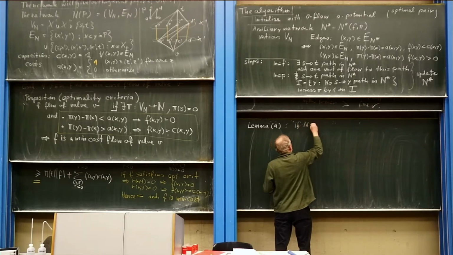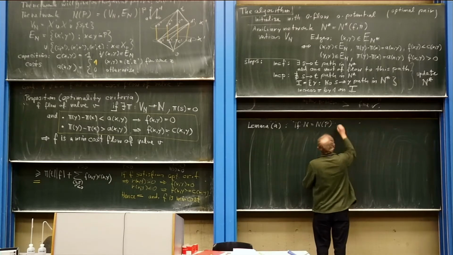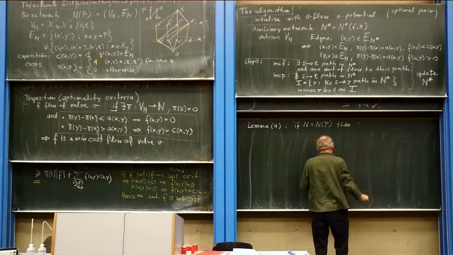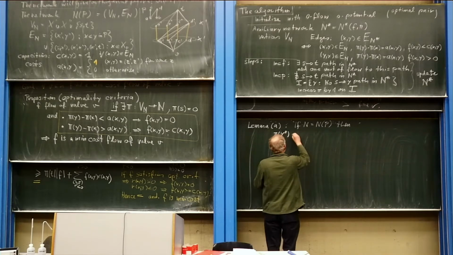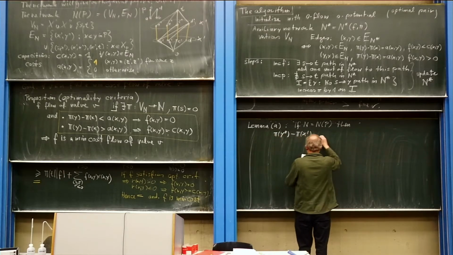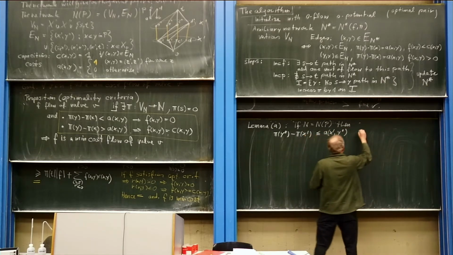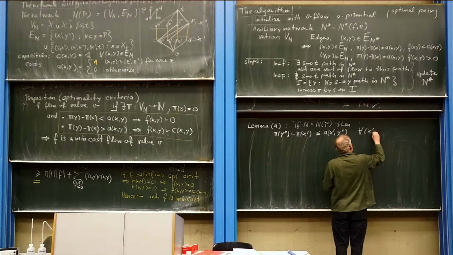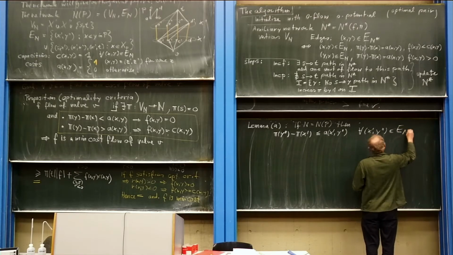If we have a network which comes from poset P, then it holds that pi of y double prime minus pi of x prime is at most the cost of the edge for all edges x prime, y double prime in the network.